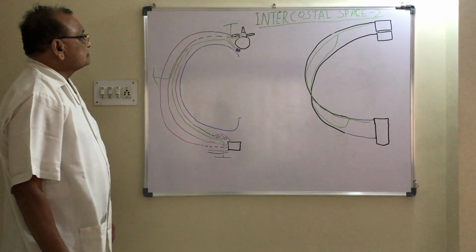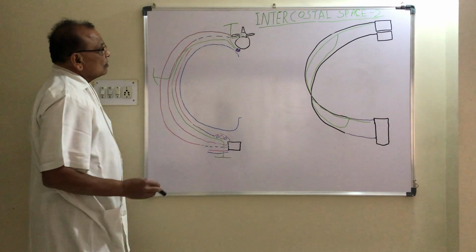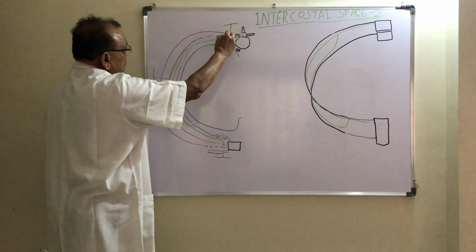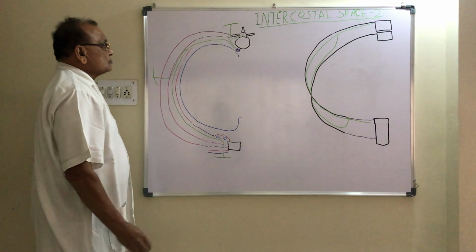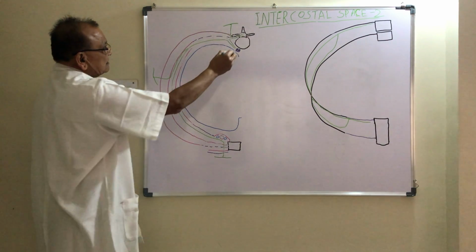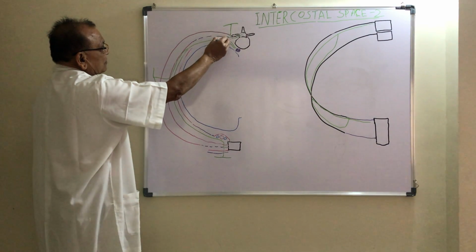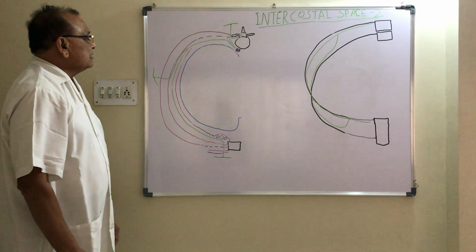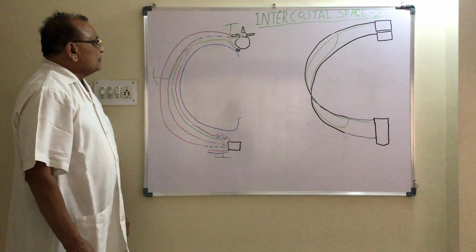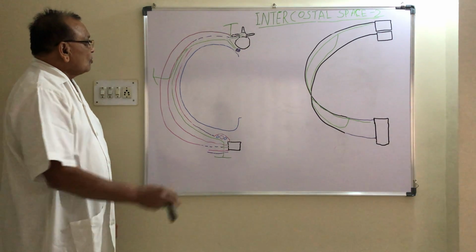Again, the course of the intercostal nerve: near its beginning, it gives the white ramus communicans to the sympathetic ganglion and receives the grey ramus communicans from the ganglion. Then it enters the intercostal space, running in the costal groove in relation of vein, artery and nerve.